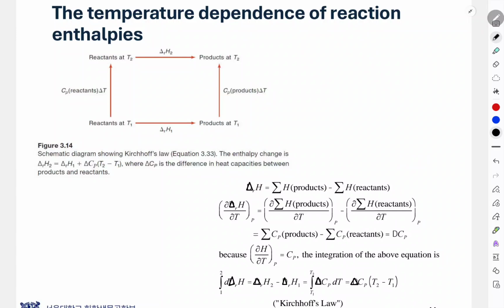Like here, let's imagine that we heat or cool the reactant from T2 to T1.